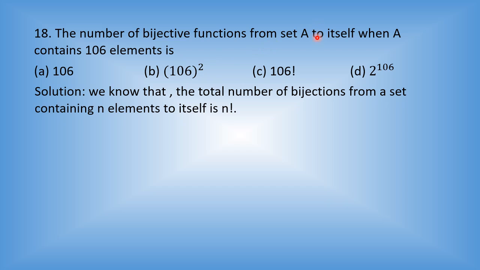So the given set has 106 elements. Therefore, the number of bijective functions is 106 factorial. So one more time saving result. If you know this one, you can write the answer for this question. So answer will be option.